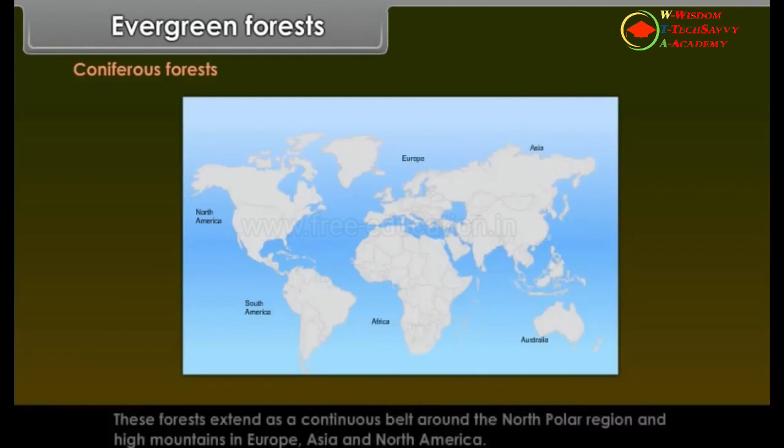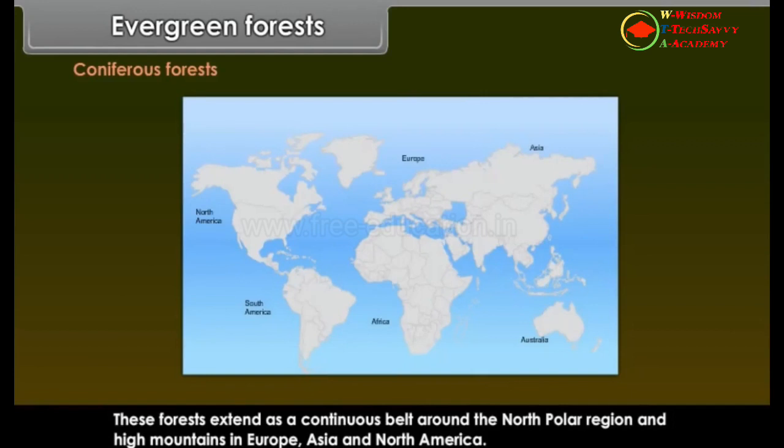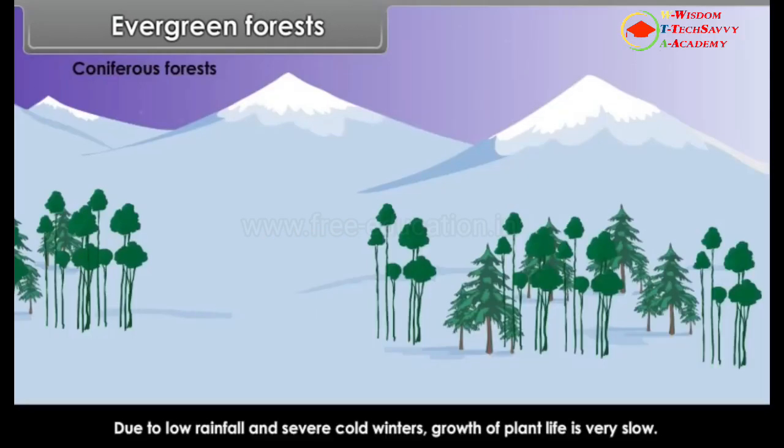Coniferous forests. These forests extend as a continuous belt around the North Polar region and high mountains in Europe, Asia, and North America. Due to low rainfall and severe cold winters, growth of plant life is very slow.